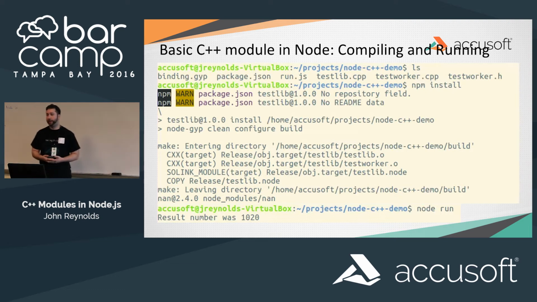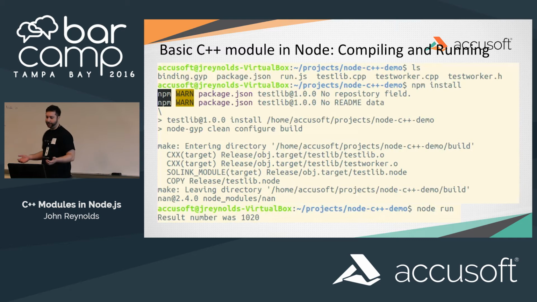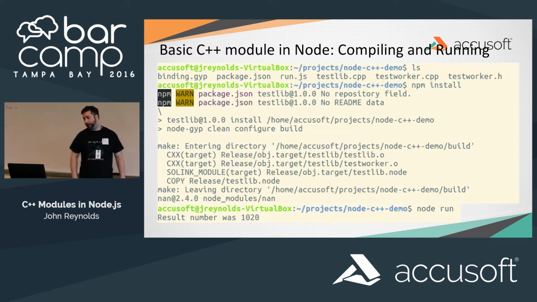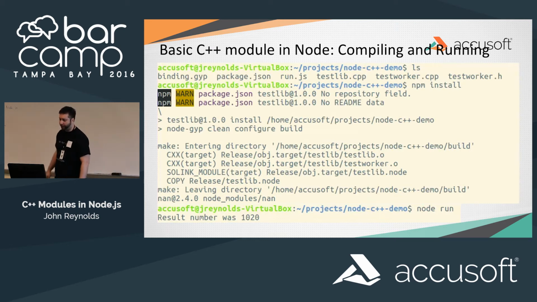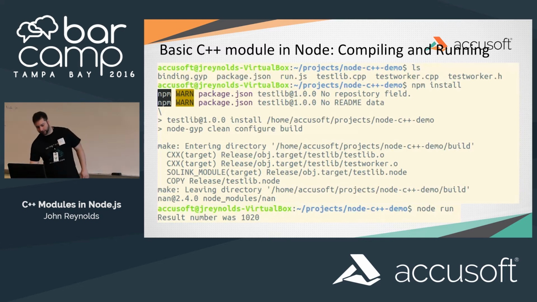Now that .node file is really just a shared object file. It's basically a DLL or other shared library. And when we run our little test program, we'll see indeed that the resultant number was 1,020 when we provided 20 as an input. So you can see it did the calculation in a separate thread, and it returned back, after a little bit of marshalling, the correct result.